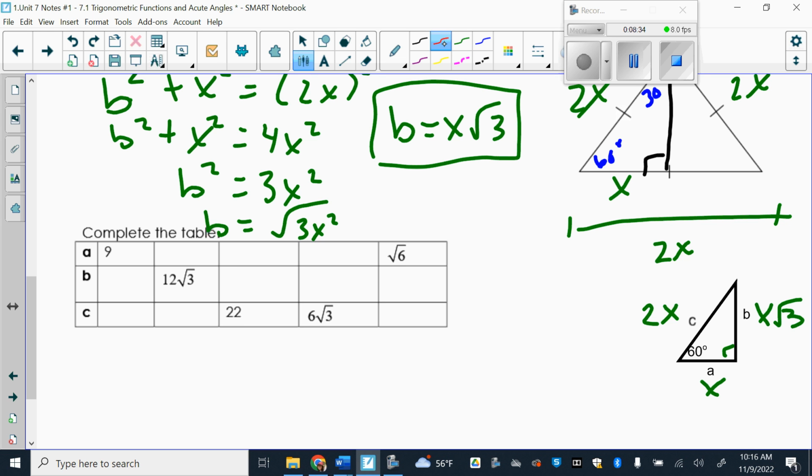So if I know the measure of side A is 9, that means the measure of side C is 18, and the measure of side B is 9 root 3.